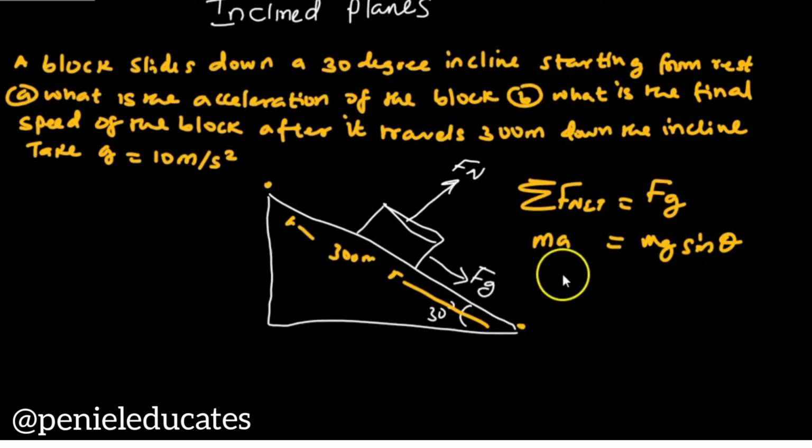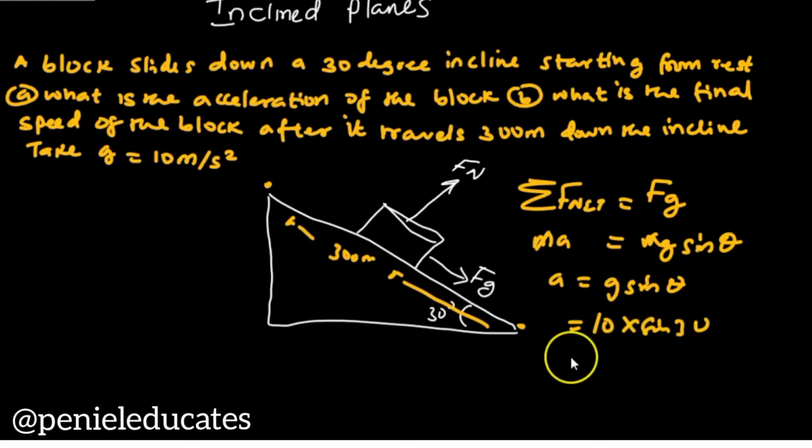Then our acceleration will be a equals g sine theta. Like I said, a body sliding down the plane is independent of the mass. So we have 10, which is g, multiplied by sine 30. Sine 30 is half, so 10 multiplied by half is 5 meters per second squared. That is our acceleration.